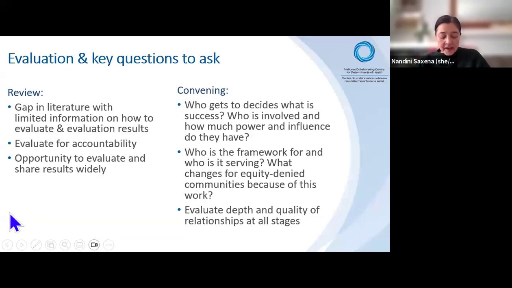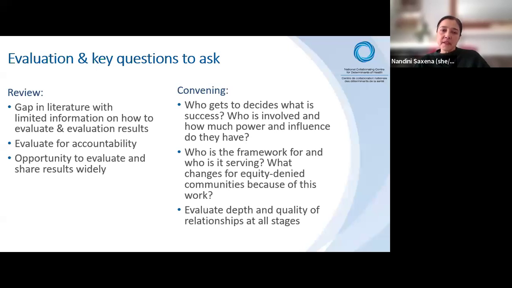Moving on to my last slide for this section is around evaluation. So this is another area where we found there were actually quite a few gaps in the literature. There was limited information with actual evaluation results of health equity work. And so there was a sense, when we were reviewing those 47 frameworks, that there was not a lot of evidence about what health equity interventions work.